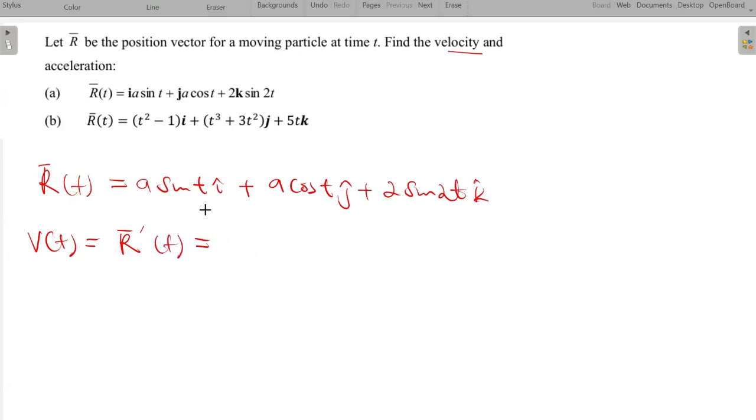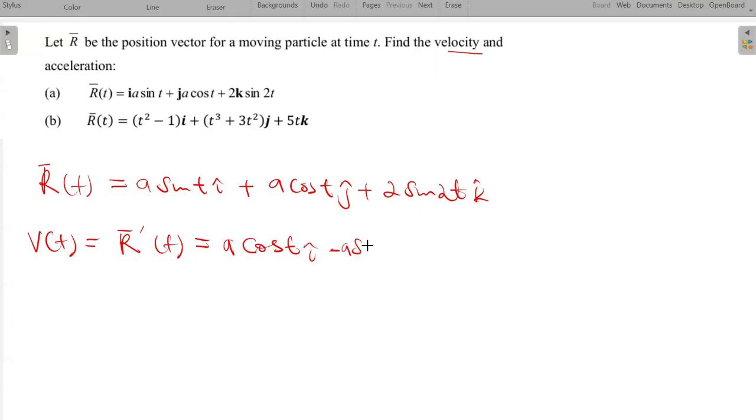And this here is going to be, so we have a sine t, so we differentiate this. Sine, we get cosine, so this will be a cos t. Then the other one, this is a cos t, so when we differentiate that, we get negative. So you have to differentiate each and every component, so you get negative sine.